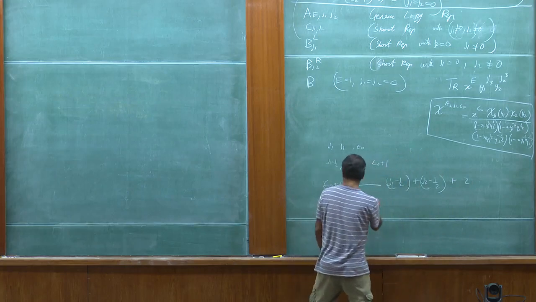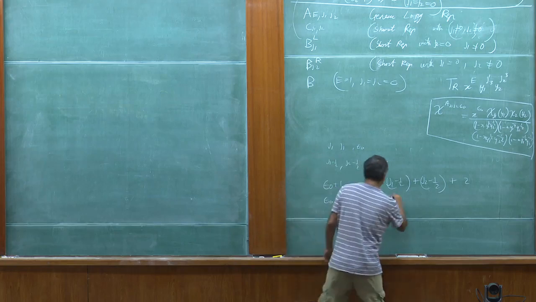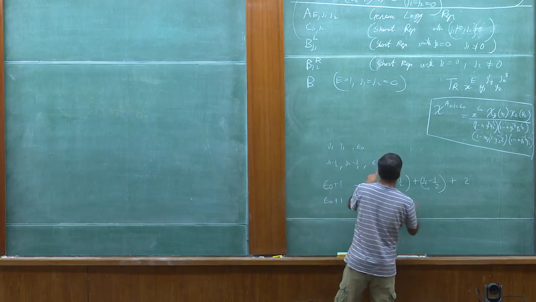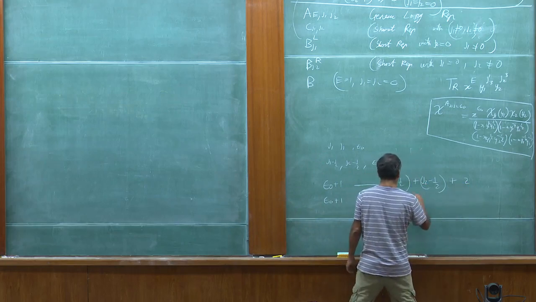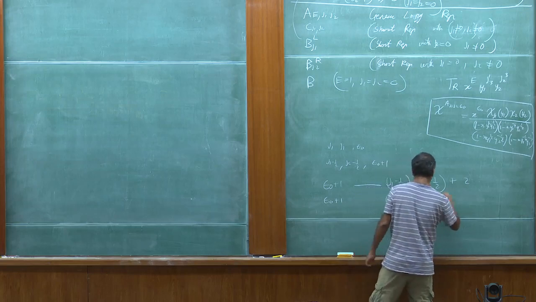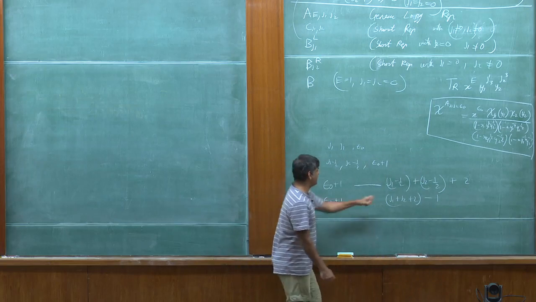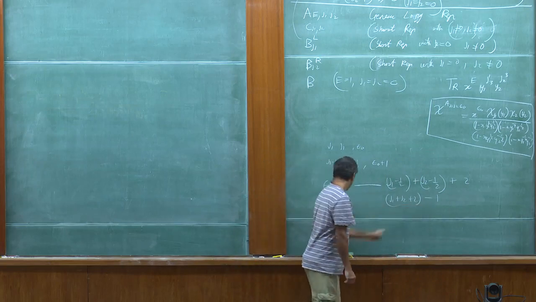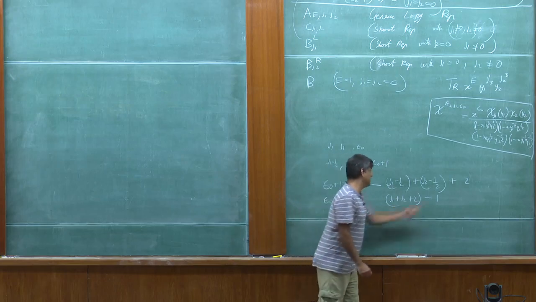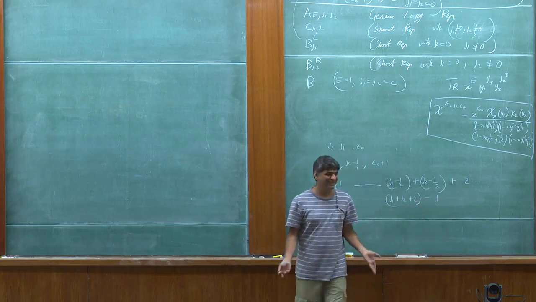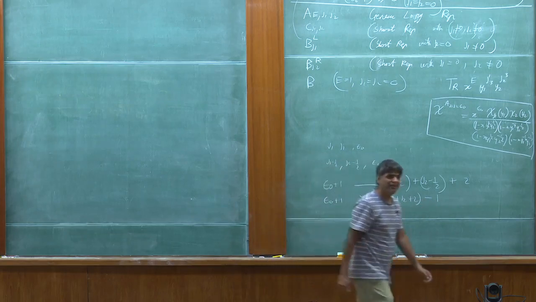But this is equal to epsilon naught plus 1 and this was J1 plus J2 plus 2 minus 1. Epsilon naught was greater than this. Therefore, epsilon naught plus 1 is greater than this minus 1. So you see that this is strictly greater than epsilon naught.